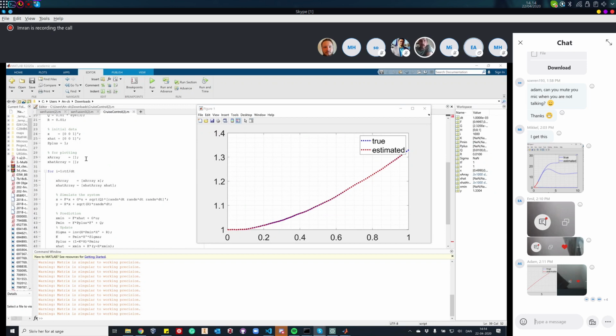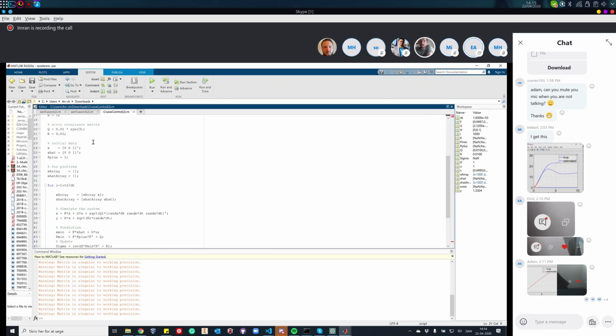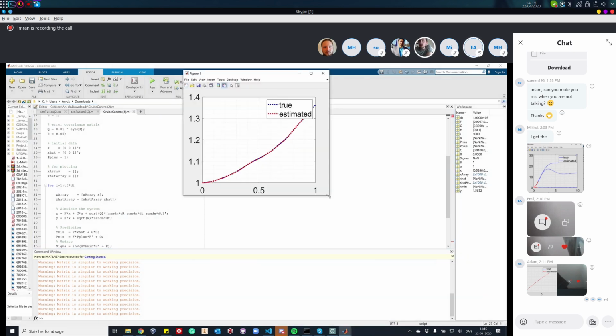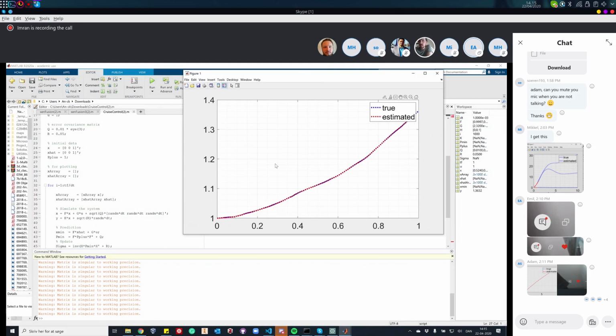Try to change the A matrix. Okay. 0.05. Still not much.